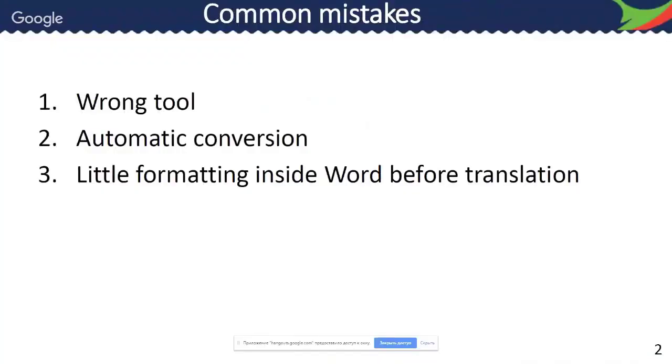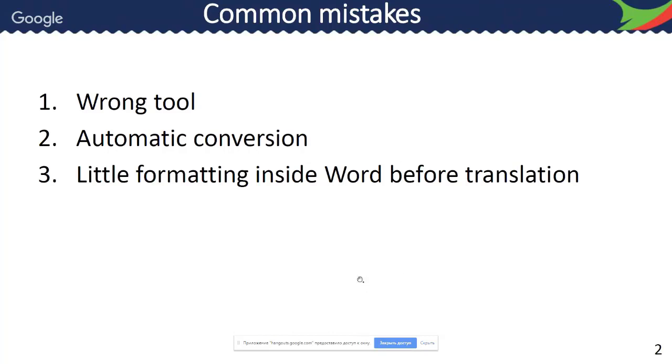Okay, so most project managers and translators make three mistakes when converting PDF files to editable format. First of all, they use a wrong tool for the job. Second, they perform automatic conversion without fixing the issues inside their PDF conversion program before they export to Word format.